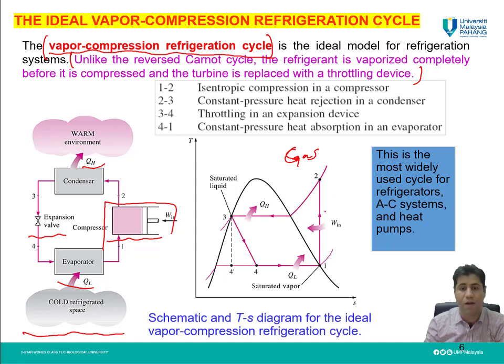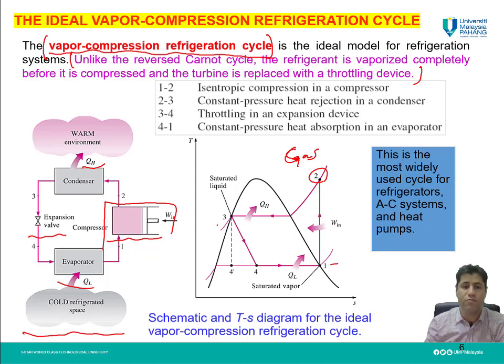The refrigerant in the compressor is gas, and its pressure is increased. Due to the compression, its temperature is also increased. In state 2, we have a superheated refrigerant.